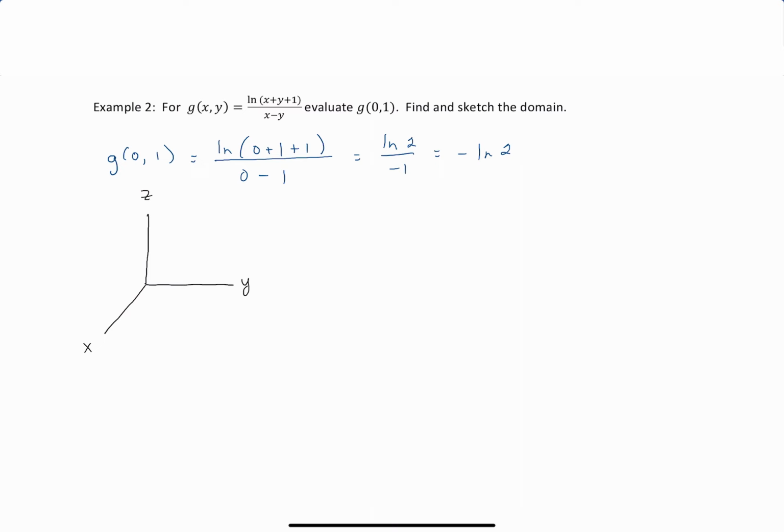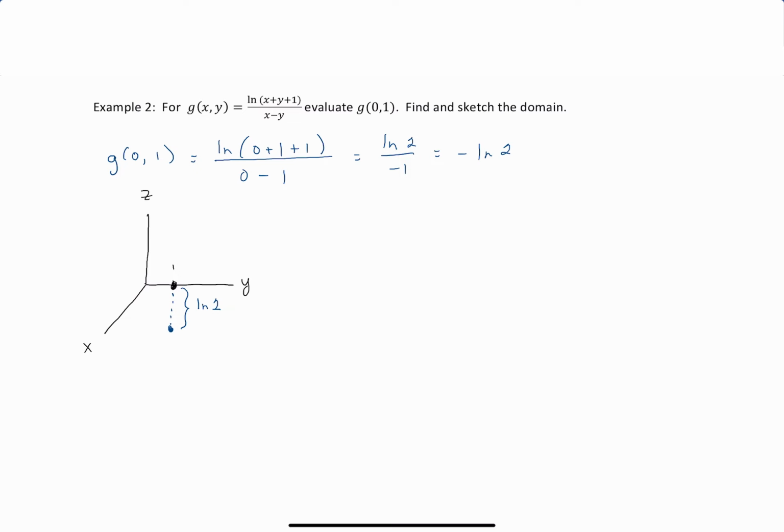It tells us if we look at the point 0, 1, which is a point right on the y-axis, then the dot on the actual surface, on the actual graph, will be, well, it's negative, so it's going to be below the xy plane. So it's on that back wall because the x-coordinate is 0. How far below the xy plane is it? Well, it's ln of 2 units below. So I didn't put the minus in because I'm just talking about the distance there.